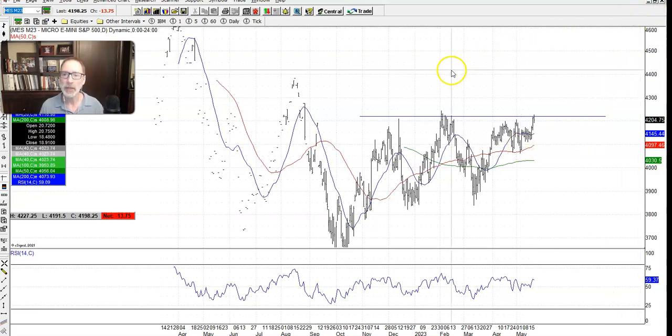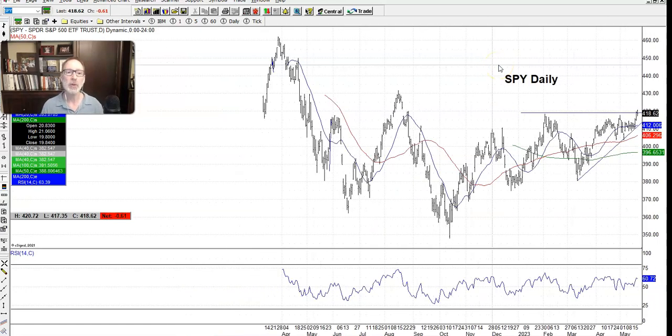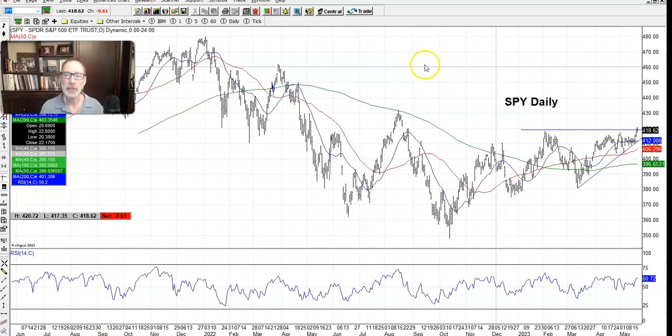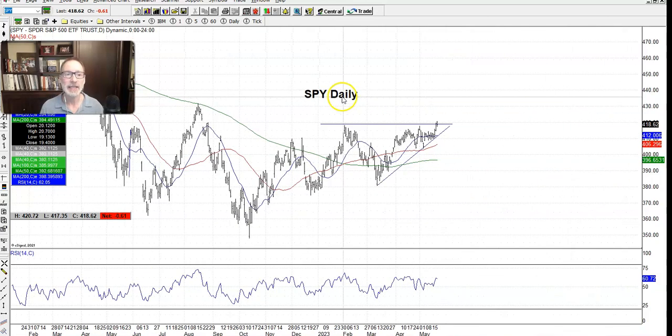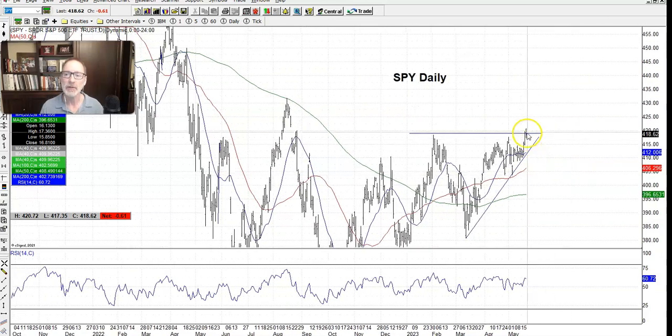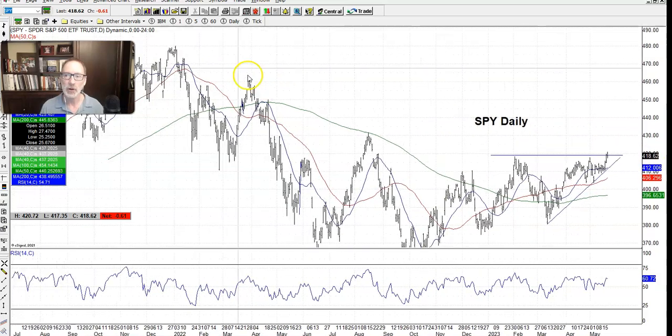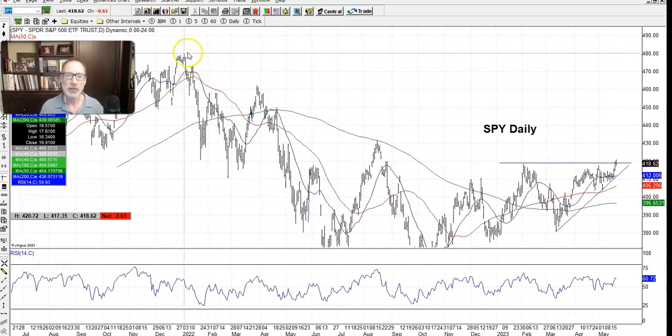So be prepared for possible selling this week, unless tomorrow morning we wake up and there's been an agreement to raise the debt ceiling. If an agreement comes to fruition, then we will definitely see the market continue higher and hopefully start to make moves towards the all-time highs around $480, which was hit right back at the end of 2021, early 2022.